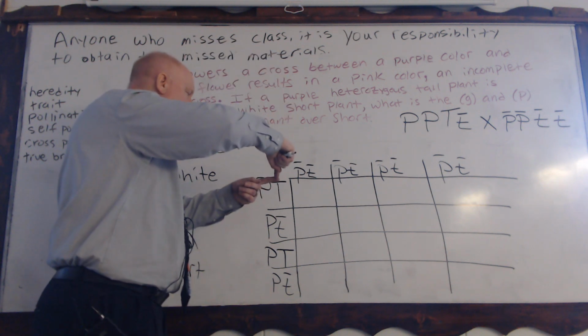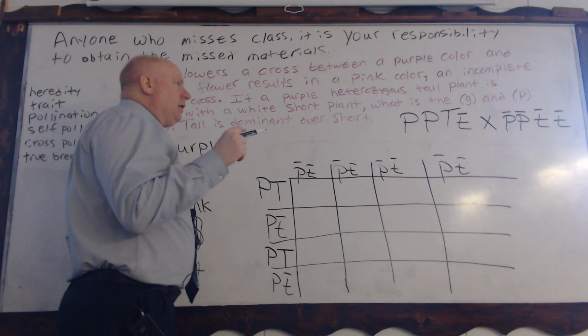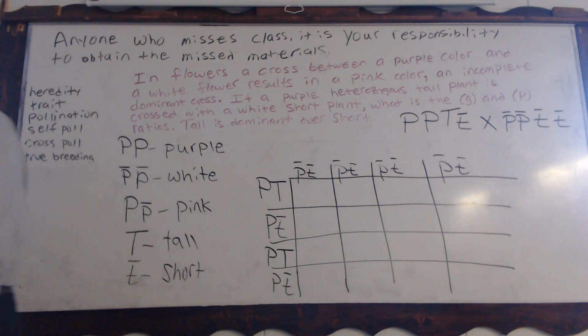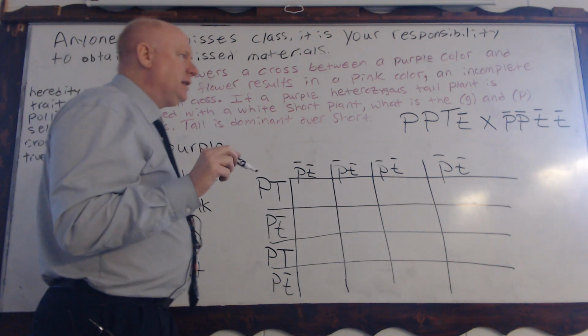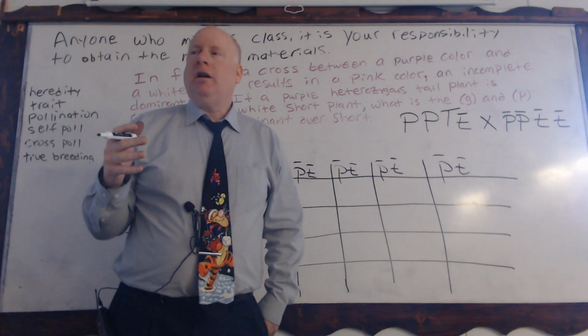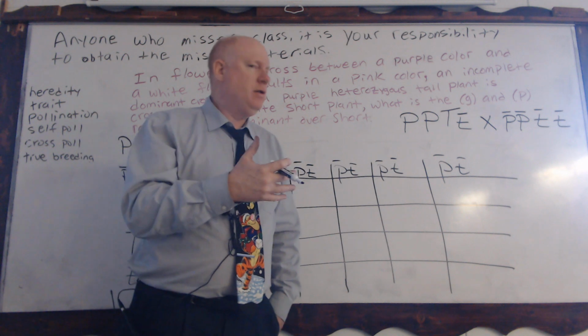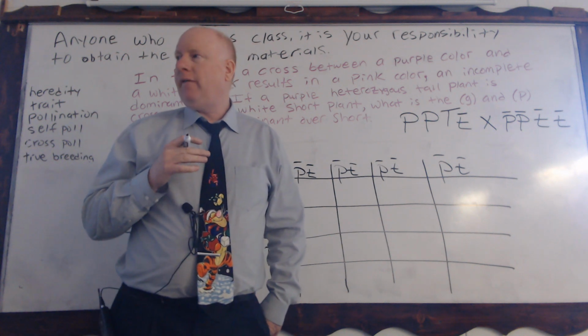Now, if you can use some of this to your advantage, we already know if the petals are purple on one parent and the petals on the other parent are white, are we going to see any purple flowers in here? No. Are we going to see any white flowers in here?